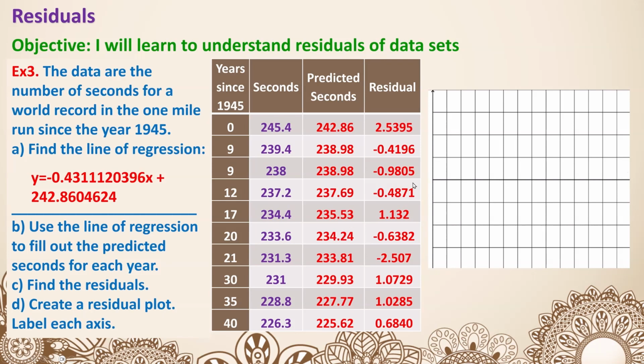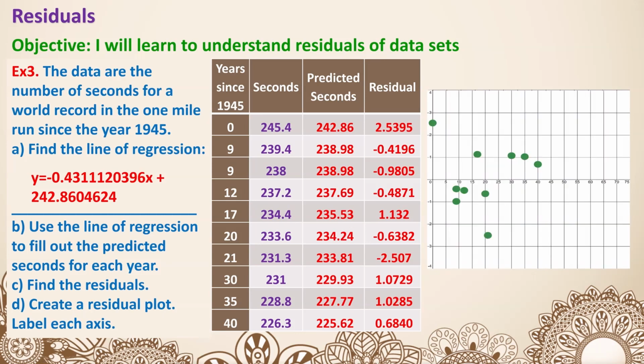So we can just use the line in the middle. We need to fit 0 to 40. So you can't technically just count by 5s. Vertically, the biggest number we see is 2.5 something, and the smallest number that we see is negative 2.5 something. So technically you can just go negative 1, 2, 3, and 1, 2, 3. So please pause here and try to generate a residual plot.